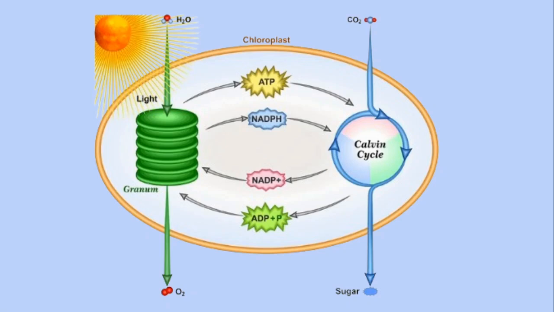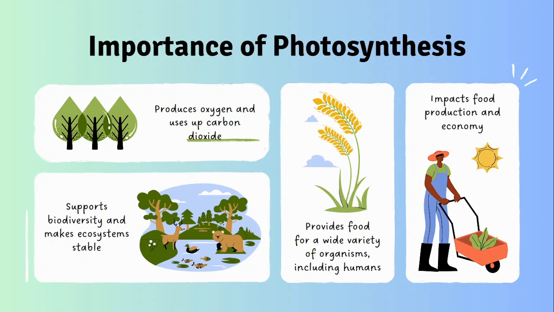So this is a kind of cyclic process going on here. Okay. Now let's see the importance of photosynthesis. Photosynthesis produces oxygen and uses carbon dioxide, right? It supports biodiversity and makes the ecosystem stable. It provides food for a wide variety of organisms including humans and animals.